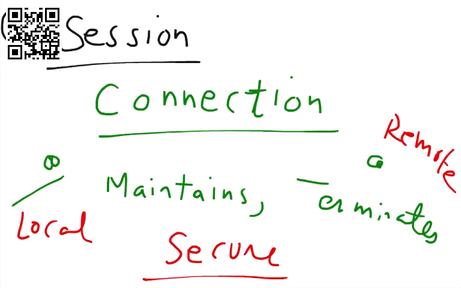So it also secures the session. On number 4, we have the transport layer. And as I have already told you, our TCP protocol, transmission control protocol, works on the transport layer.